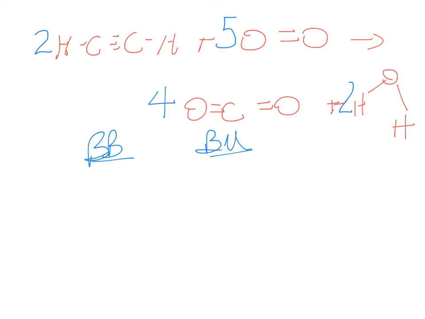Alrighty, so let's tally up our bonds broken, which means we need to look at the reactants. How can you tell if a bond is broken? Simply look at the bond. Here I'm looking at a carbon-hydrogen bond, and see if you see it on the product side at all. There's no carbon-hydrogen bond in either of the products, so that bond has clearly been broken.